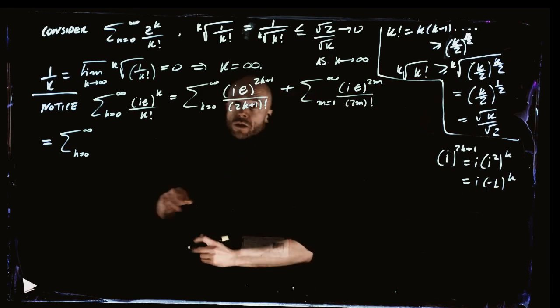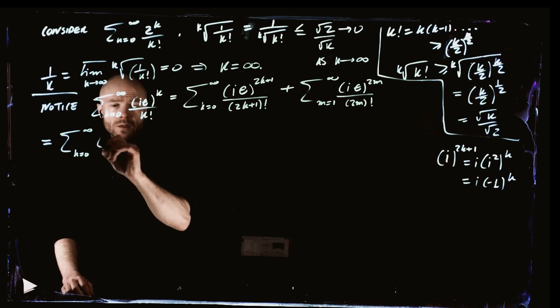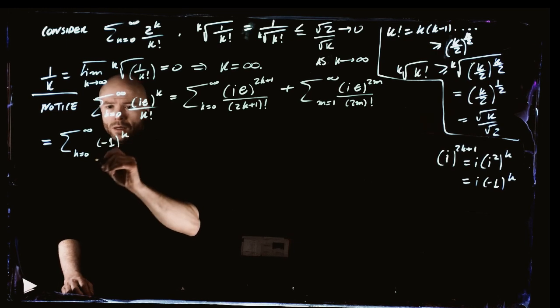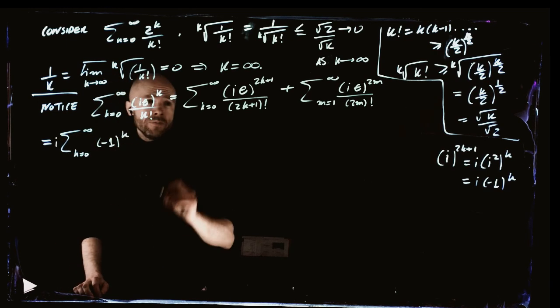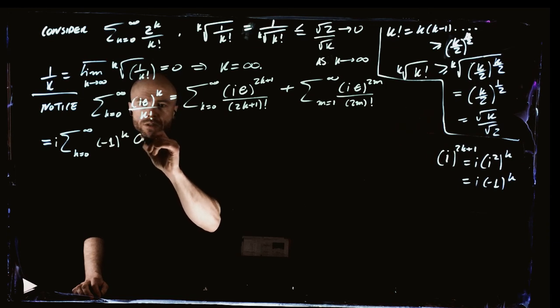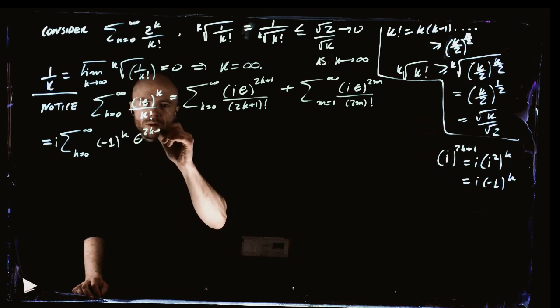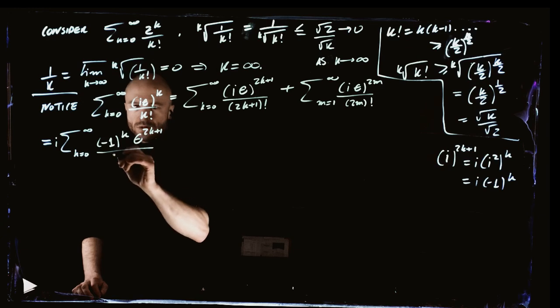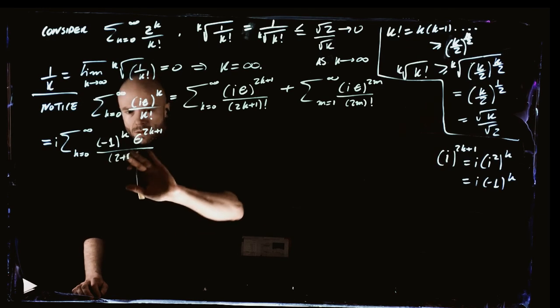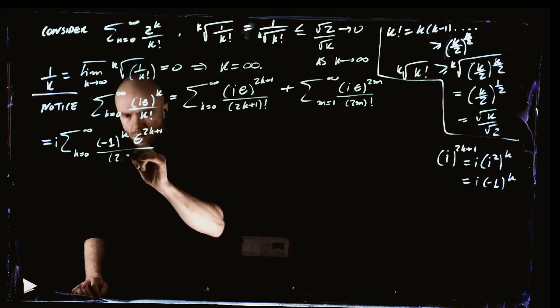So what we have here is minus 1 to the k, pull out the i all the way here, and then we're going to have just theta to the 2k plus 1 over 2k plus 1 factorial.